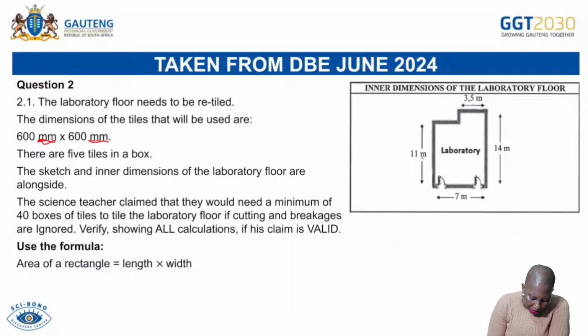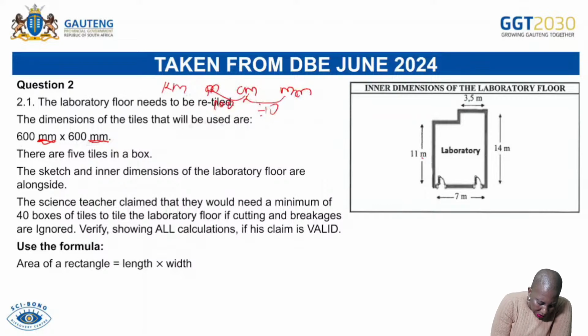And if I can take you back, remember we said kilometers, meters, centimeters, and millimeters. And then for us to convert from millimeters to meters, we have to divide. Remember here we said we divide by 10, we divide by 100. So that means we have to divide this 600 by 1000.